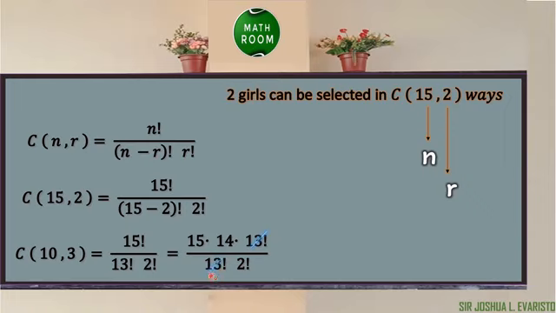Let us now multiply the remaining factors. 15 times 14 is equal to 210 and 2 factorial is 2 times 1, which is equal to 2. 210 divided by 2 is equal to 105. So we have 105 ways.